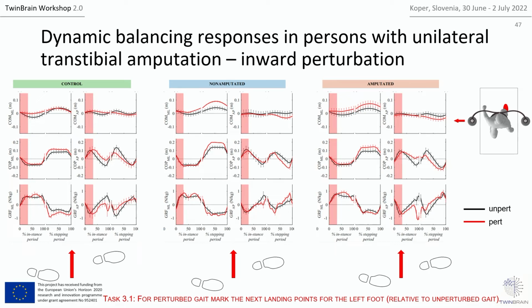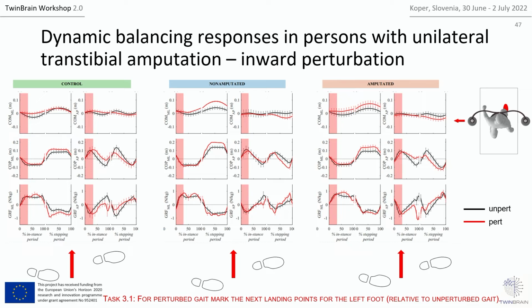If we focus on the center of pressure in the medial-lateral direction, below we have the footprints and the direction of the perturbation with respect to those footprints. This is the inward perturbation, meaning that the perturbation occurred in the lateral direction with respect to the foot that entered the stance phase.